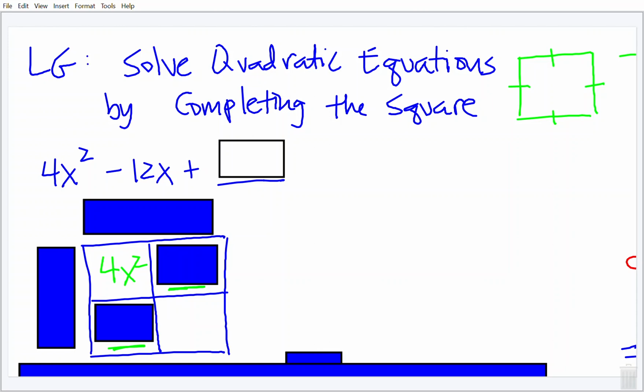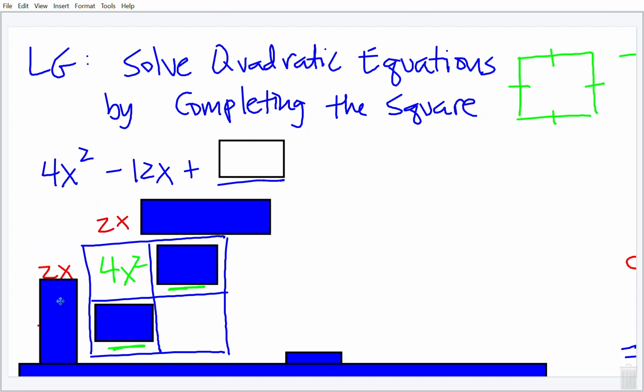As a reminder, we're completing the square, so this area model this time has to be a square, meaning the length across here will be the same as the height of this area model. Well, we know that 4x squared is equal to 2x times 2x. So we have so far the same expression both at the top and to the left here.